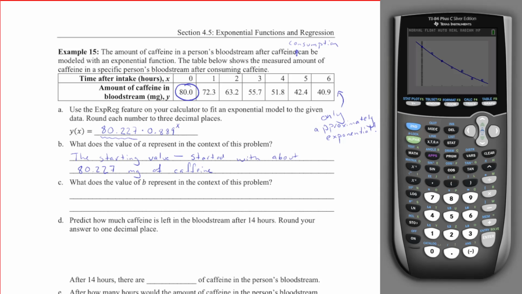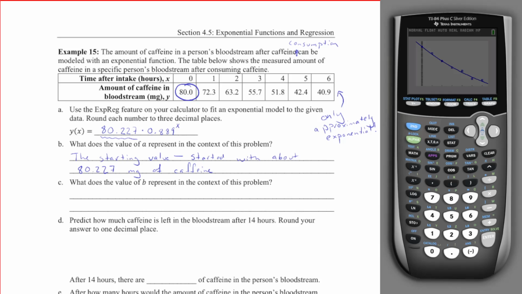And we happen to know the exact starting value, which is 80. 80 milligrams of caffeine versus 80.227 milligrams of caffeine, that's pretty close. I'm not going to notice 0.227 milligrams of caffeine.